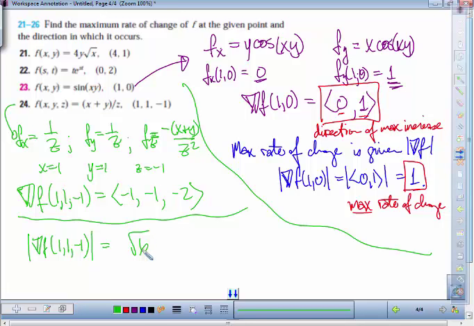And I don't think you can simplify that. So here are the direction and this is the maximum increase itself. Direction of maximum increase.